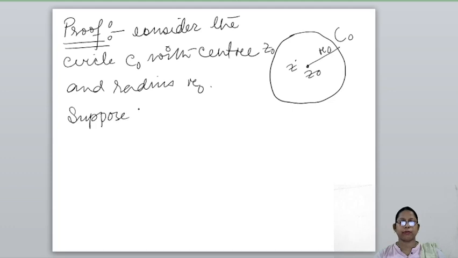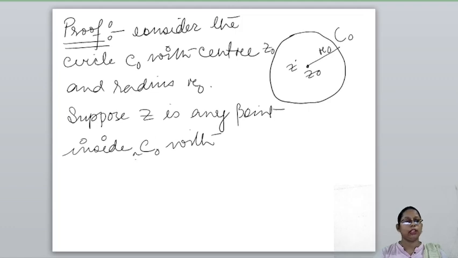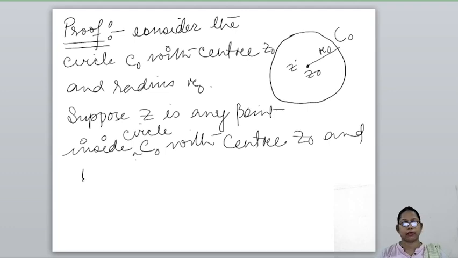Suppose z is any point inside C naught, with the modulus of z minus z naught equal to r.